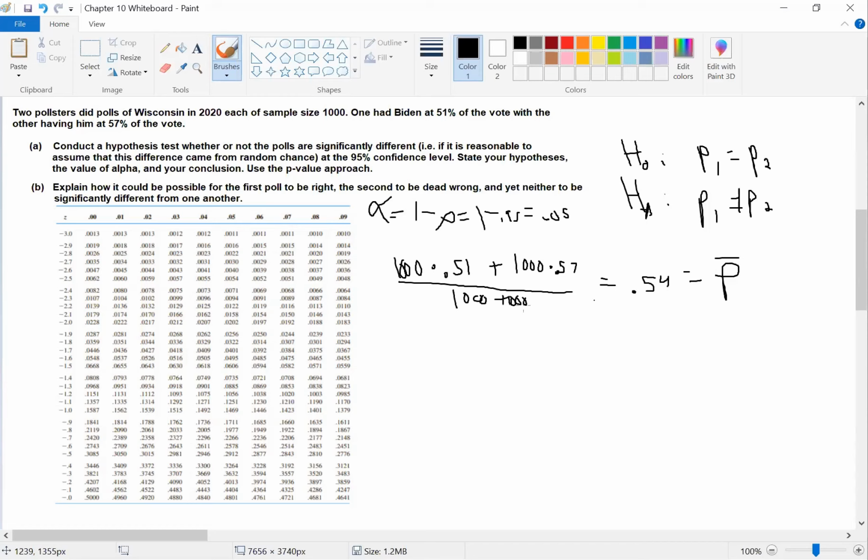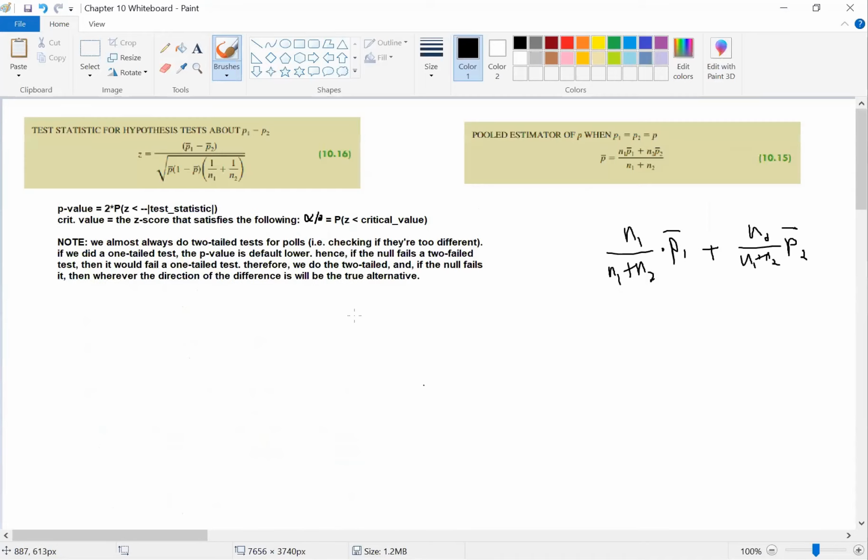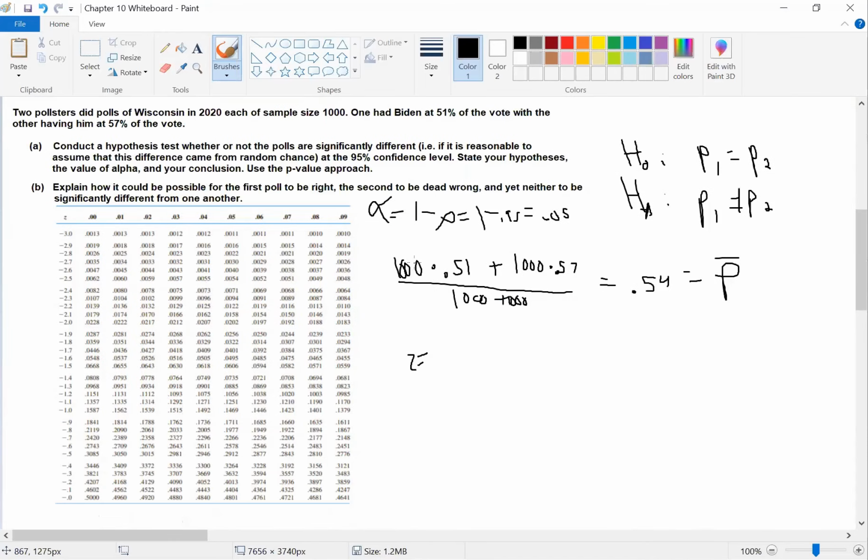Now we can get our test statistic, and your test statistic never depends on the value of alpha. Doesn't matter what alpha you pick, the test statistic is always going to be the same if your other data does not change. So here we recall, we first have p1 bar minus p2 bar. In this case, we could do the negative or we can do the positive, because if we do p1 first, then we're going to have negative 6%. If we do p2 first, we'll have positive 6%.